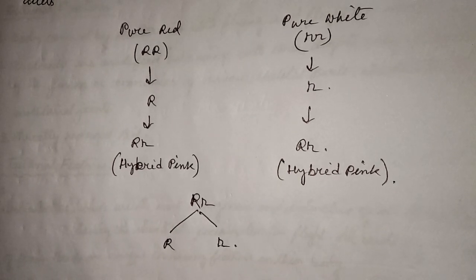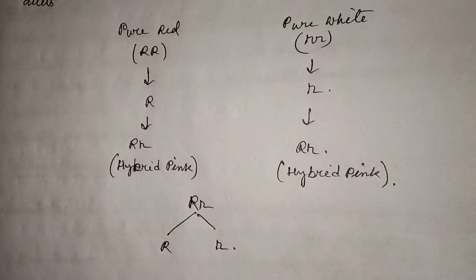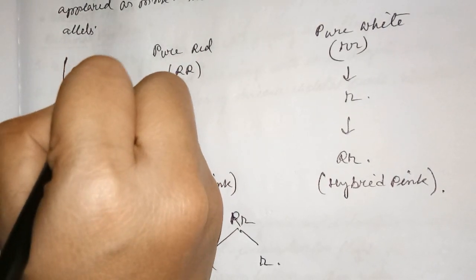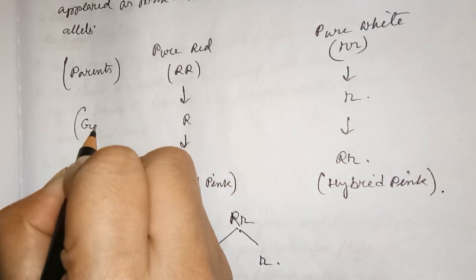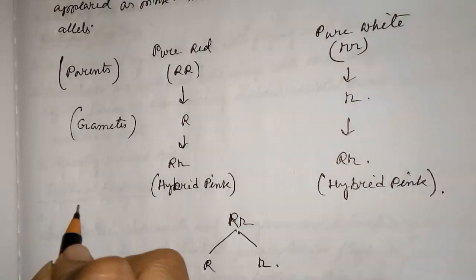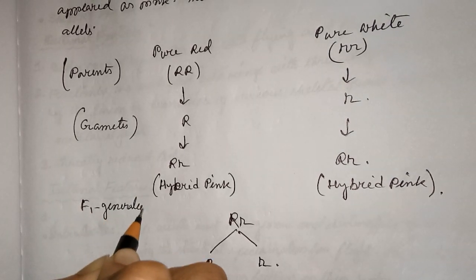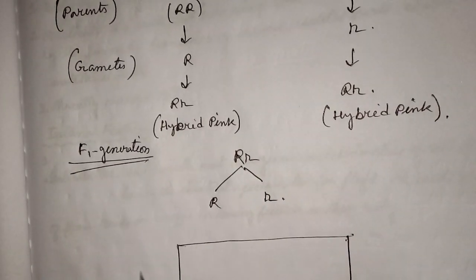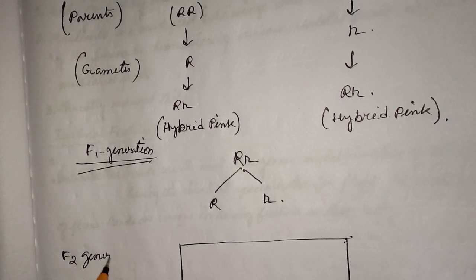Now first it is the parents. Next it is the gametes. It is the F1 generation. Now next, here it is the F2 generation.